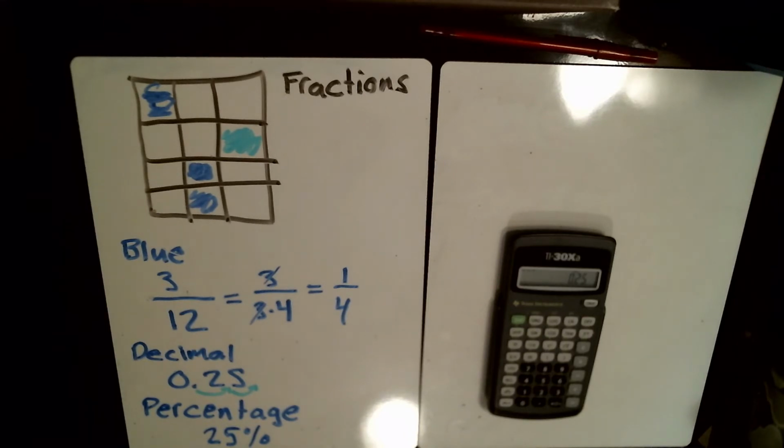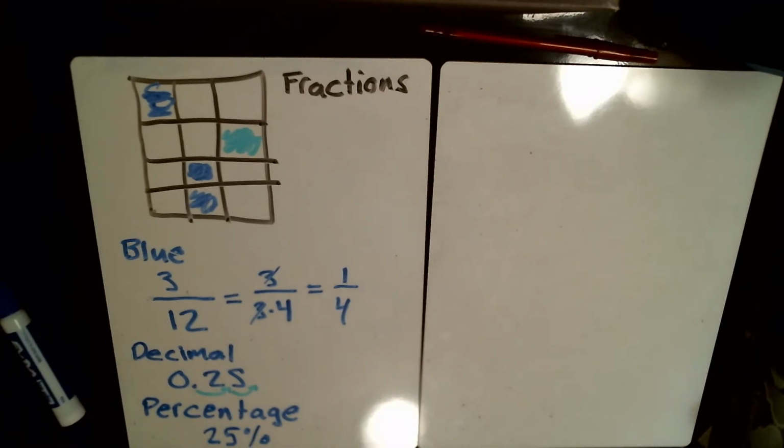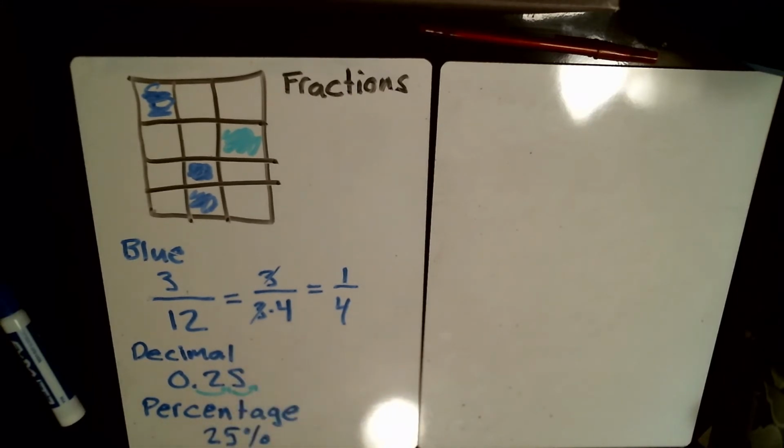Let's go ahead and try the same thing with green now, just so that we make sure we get this process down of what are the different ways we can represent parts of a whole. Well, you can do it with a fraction, a decimal, or a percentage, okay?